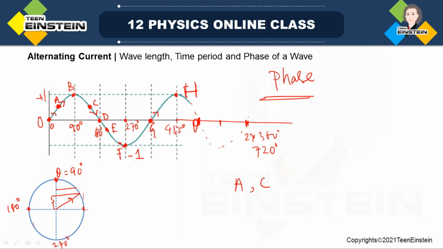If I take this B and this H, they are in the same phase. At the same time, look at this and this: they are actually 180 degrees away from each other. This is 90, and another 90 is here, so they are 180 degrees out of phase. So these points B and F are 180 degrees out of phase.